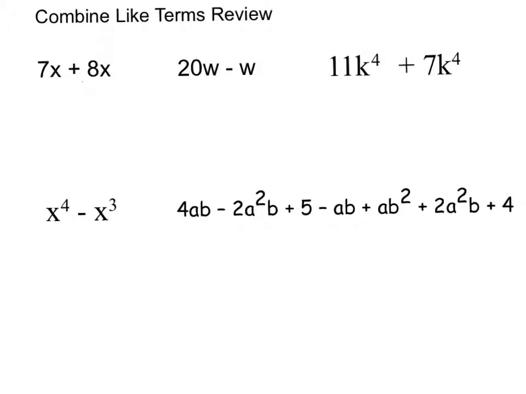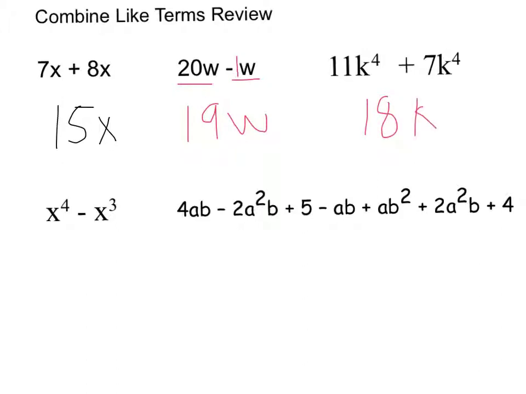7x plus 8x is 15x. Let's try that again. 20w minus an invisible 1w, so 20w minus 1w is 19w. 11k to the fourth plus 7k to the fourth would be 18k to the fourth.